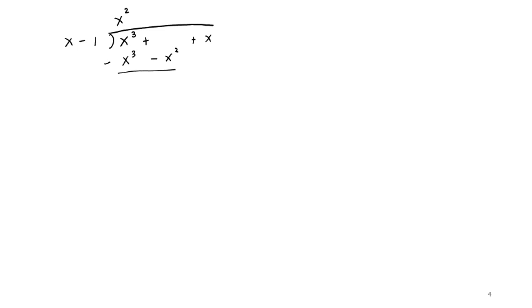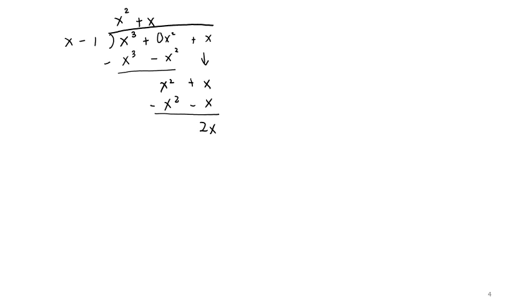So x cubed minus x cubed is 0, and 0 x squared here minus minus 1 is just x squared, and then you bring this down plus x, then you divide again, okay, plus x. So then you shall get x squared when you multiply back, okay. Then you get here x squared minus x squared is 0, x minus minus x is 2x, okay.